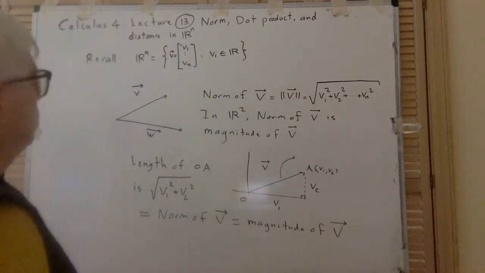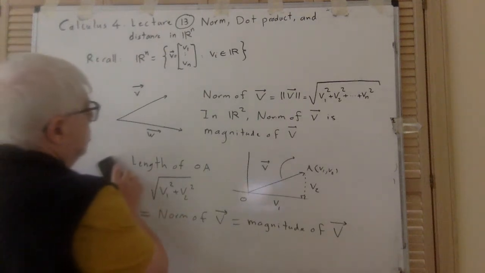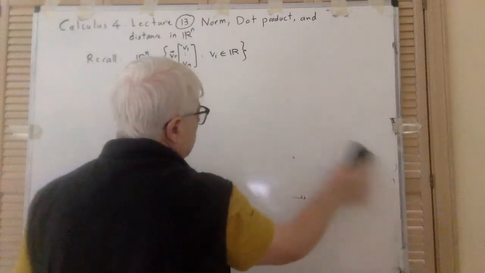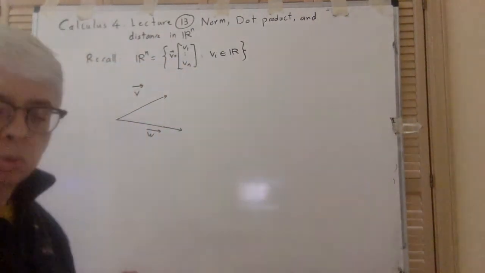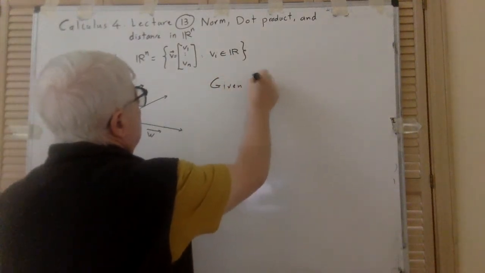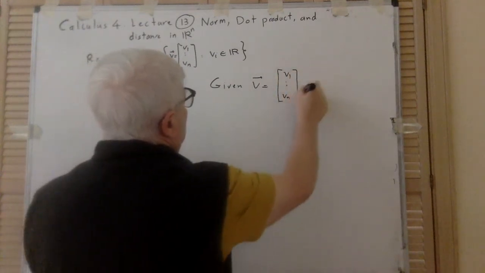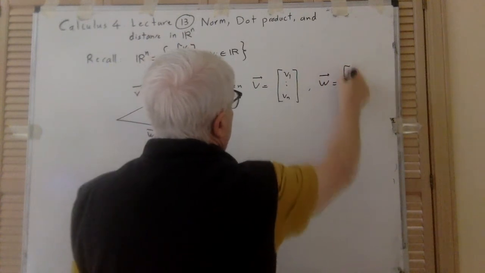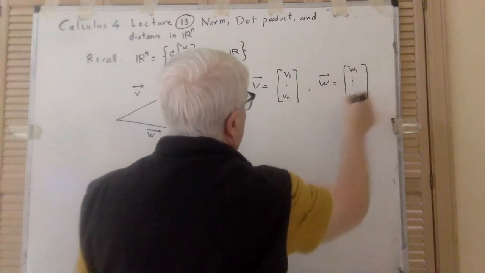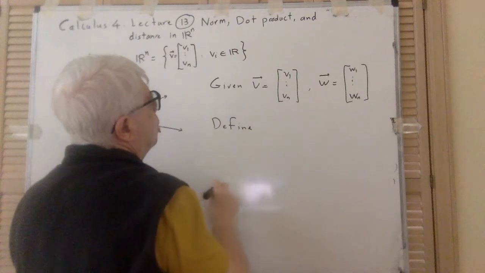Okay, now if I have two vectors V and W, let me erase this. If I have two vectors V and W, we define dot product between these two.